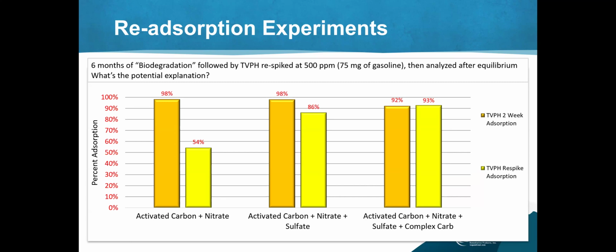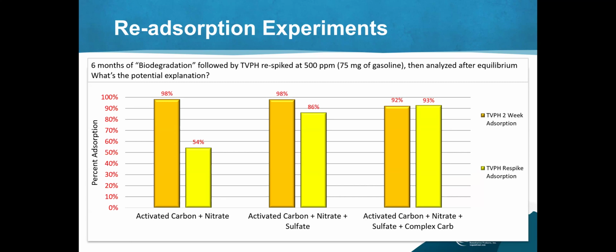In this particular case, we absorbed the petroleum hydrocarbon to the activated carbon, and if you look at the far left bar graph, we found that 98% absorbed to the activated carbon. And you'll see that in the center graph, and 92% on the other one.